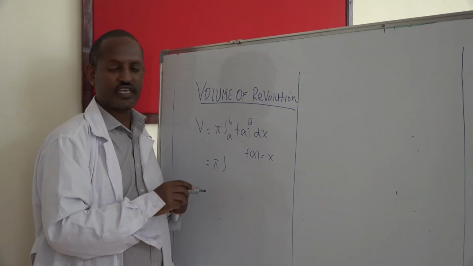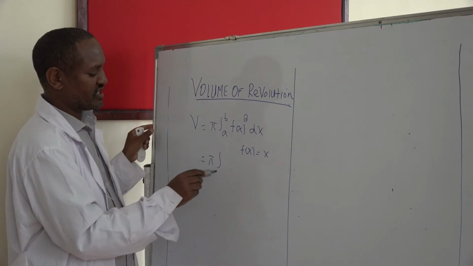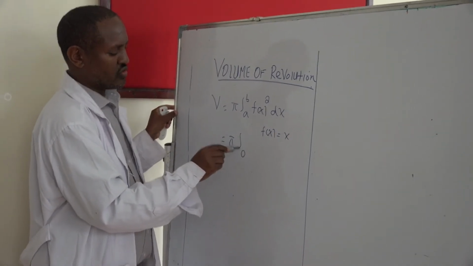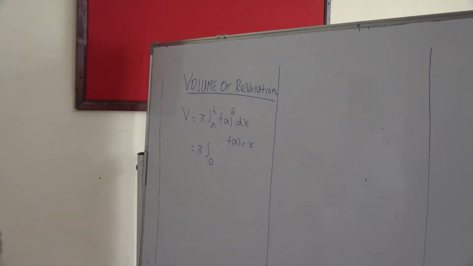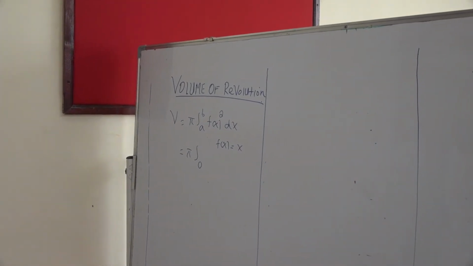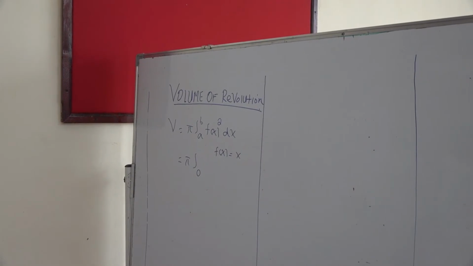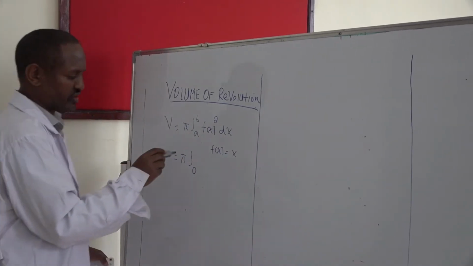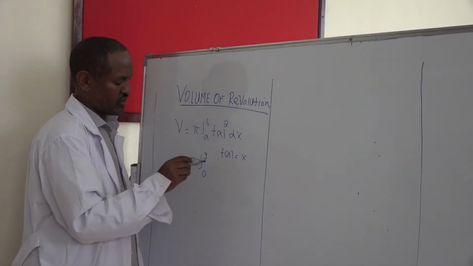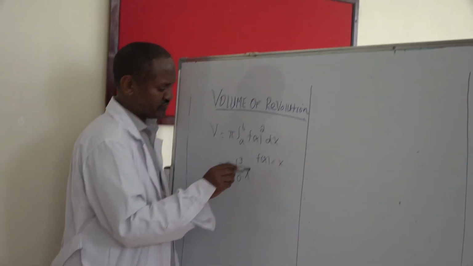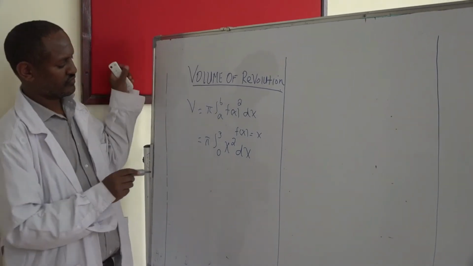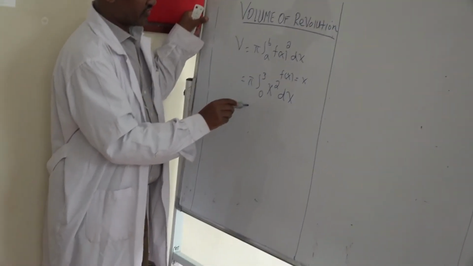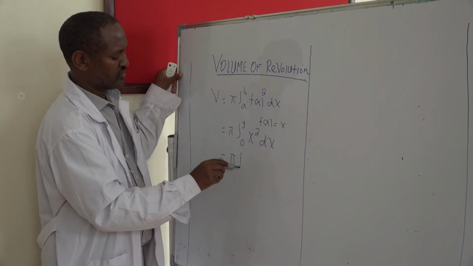The lower limit of integration and the upper limit of integration are 0 up to 3. f of x squared is x squared dx.